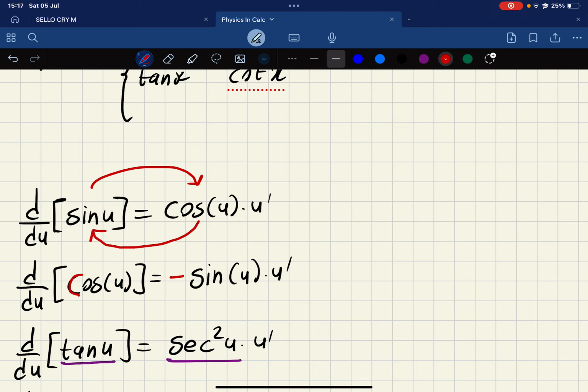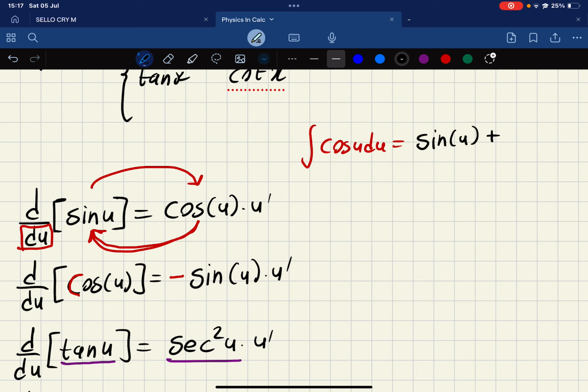That tells you that the integral of cos u, with respect to du, reversing here, is going to be sine u. Understand? Meaning the integral of cos u du is going to be sine u.